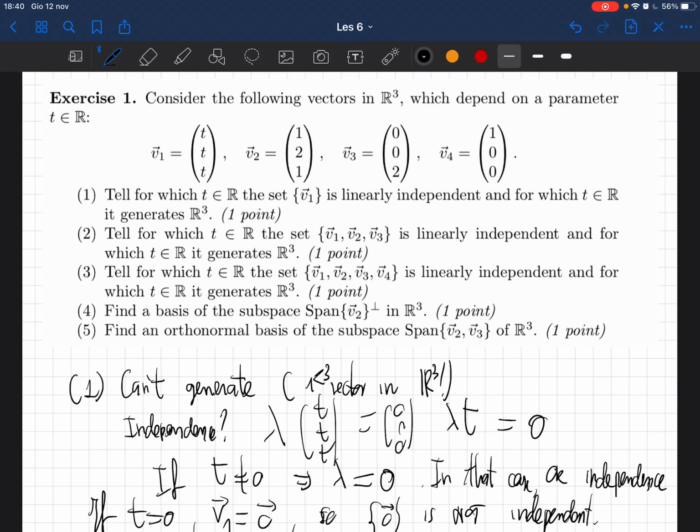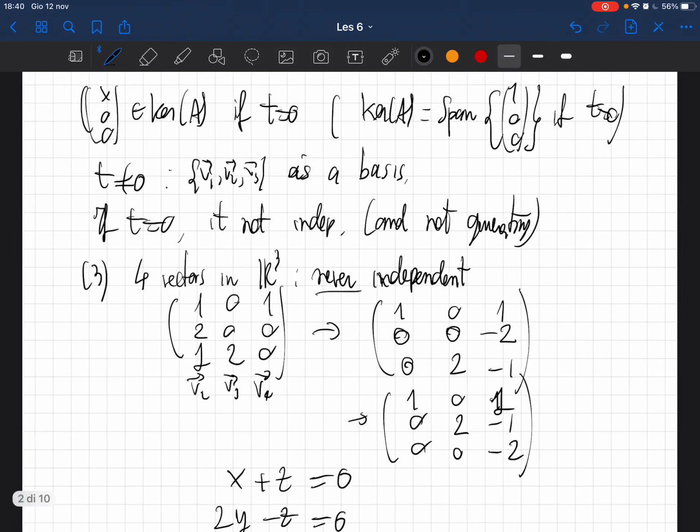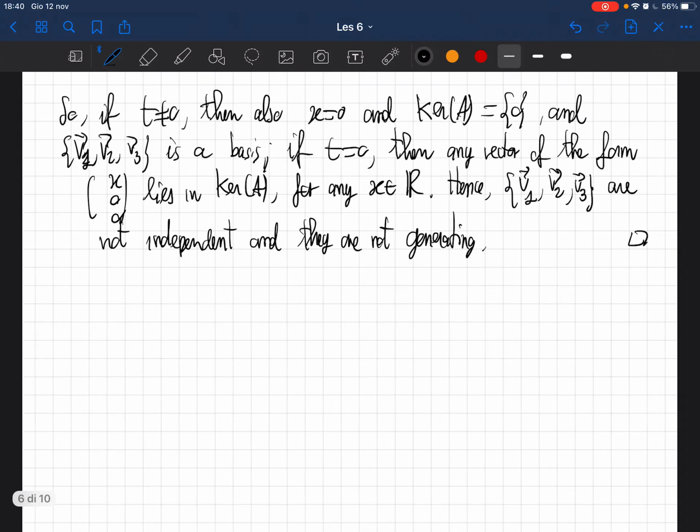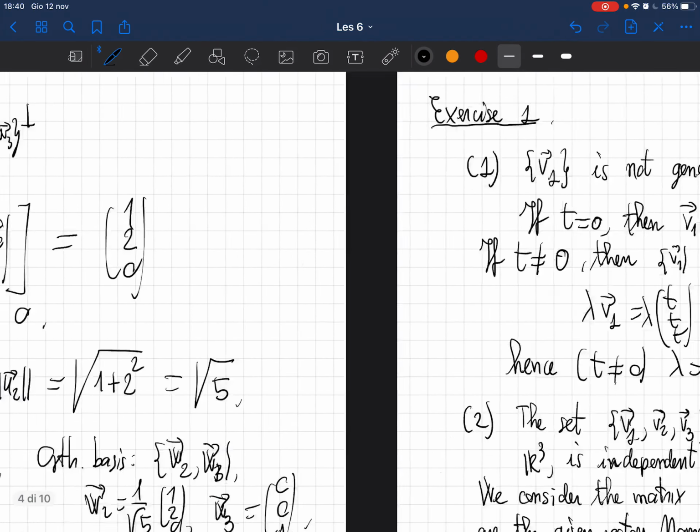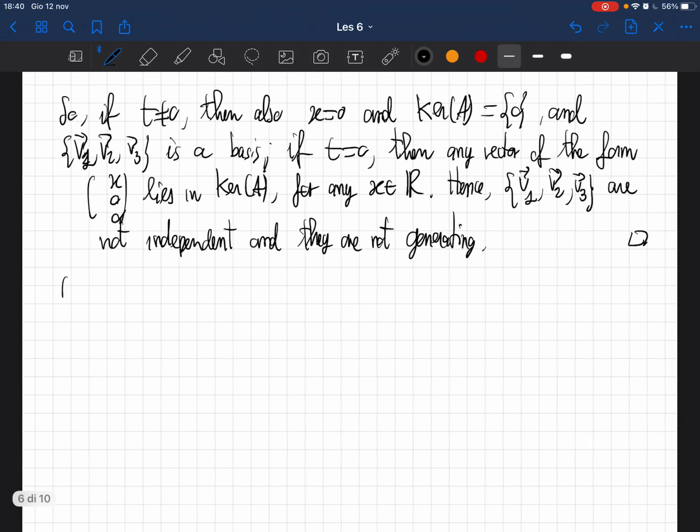So we have all the three vectors, v1, v2, v3, v4, linearly independent and generating. So, which is the third point? Yes.